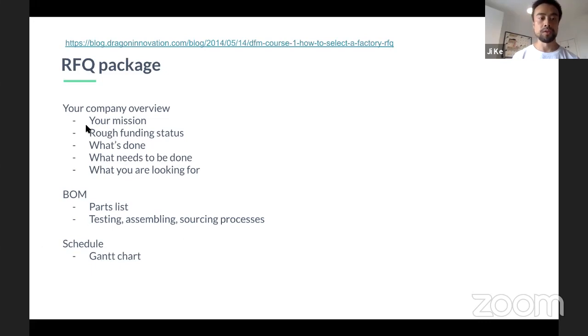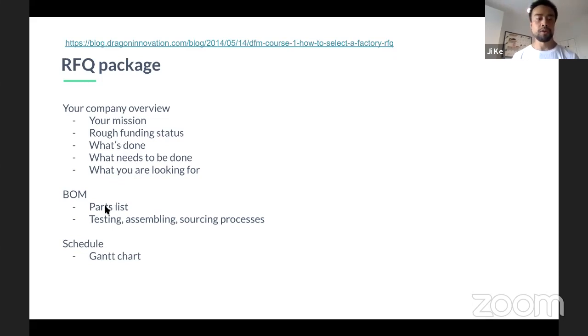And then you do want to have your company's mission inside. Your rough funding status. You don't want to say, hey, we just raised a 2070K round for 10% of revenues. You don't have to say that. It just says, hey, we're a Series A company that's doing industrial robotics, right? What's done, what needs to be done, and what we're looking for.